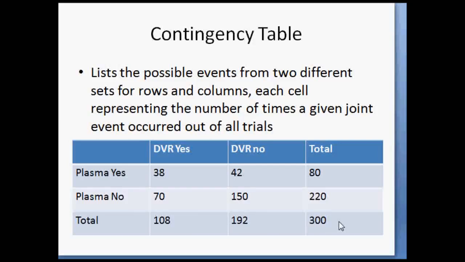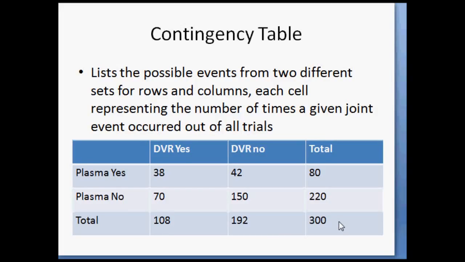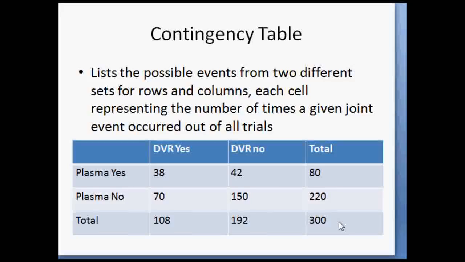These are objective probabilities. We have a total number of trials and a number of occurrences here. Now, conditional probabilities get interesting. But we can read them right off the table, and writing it this way is pretty educational, in that you can see where they come from. So let's start with the conditional probability: what's the chance that I buy a DVR given that I buy a plasma screen?